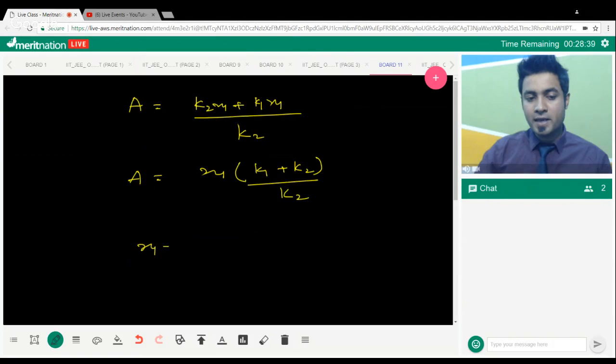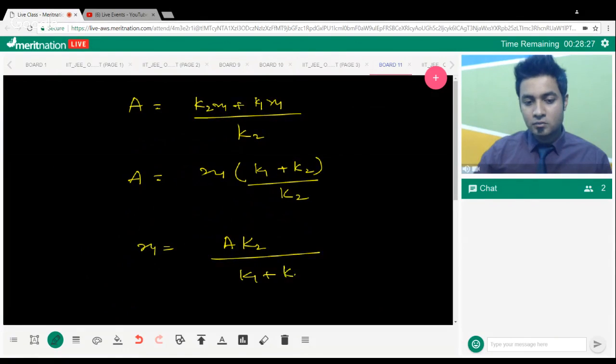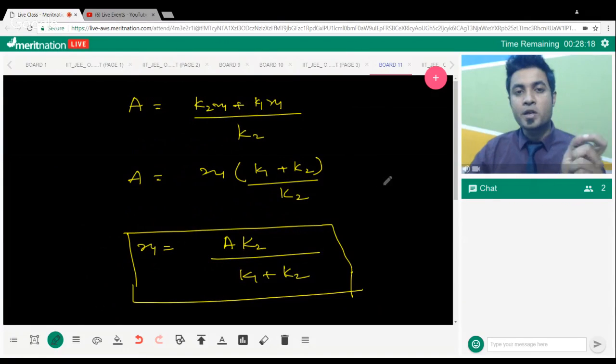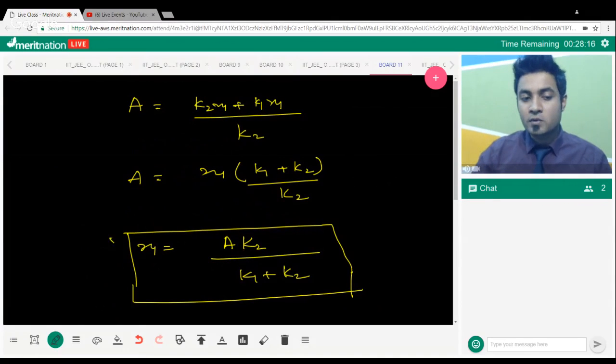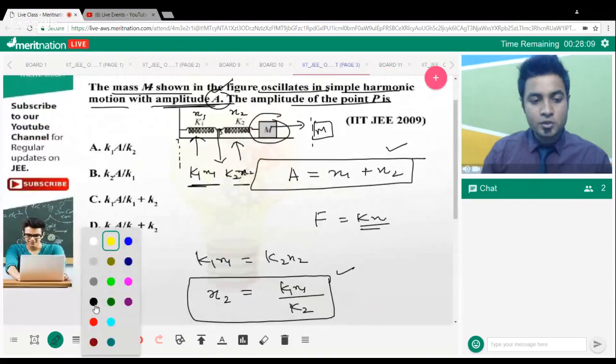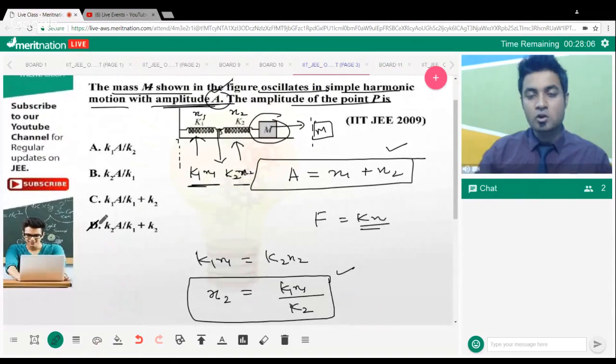And from this equation you can calculate the value of x1, and that is A times k2 upon k1 plus k2. This is the amount by which the point P will be stretched. That's what we need to calculate. So this is the option, guys: A k2 upon k1 plus k2. Which option should be correct? The D option has to be correct.